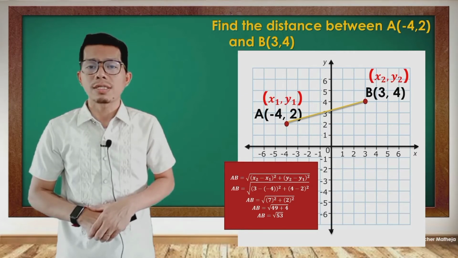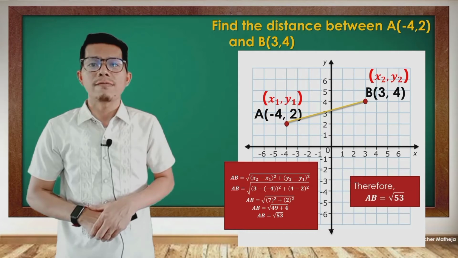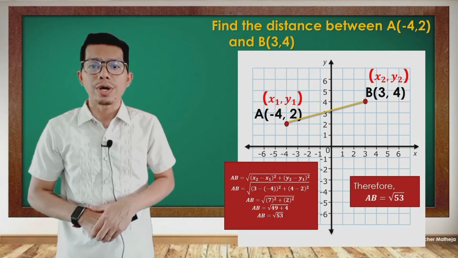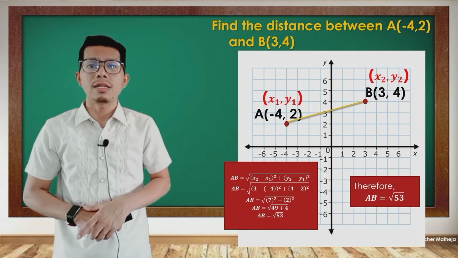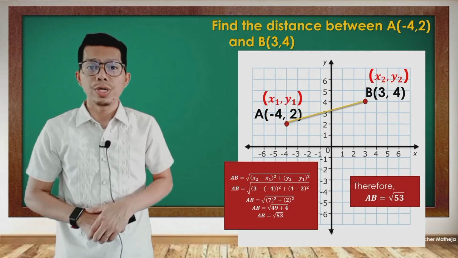So we'll just accept the square root of 53 as the final answer. Therefore, the distance from point A to B is equal to the square root of 53. That's how we use the distance formula in finding the distance between 2 points.